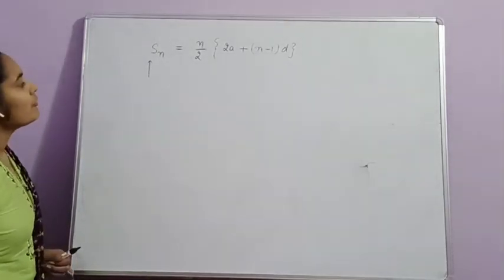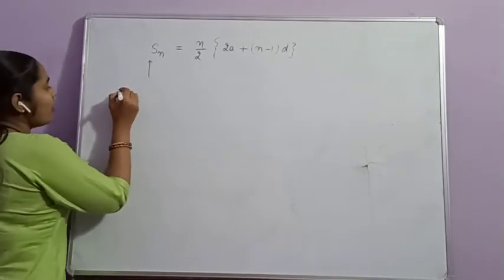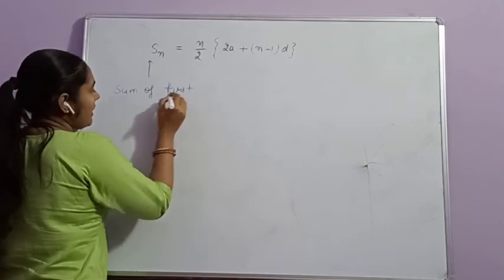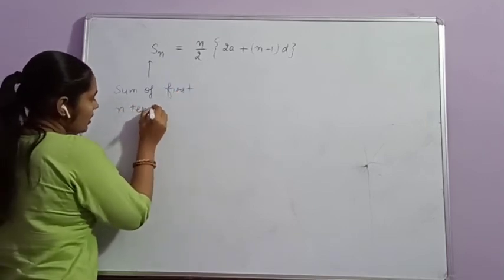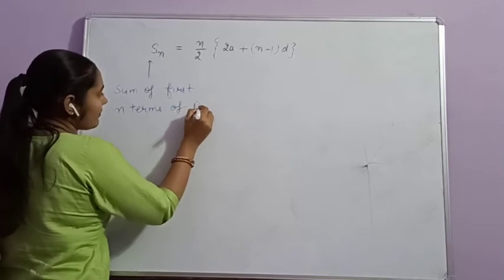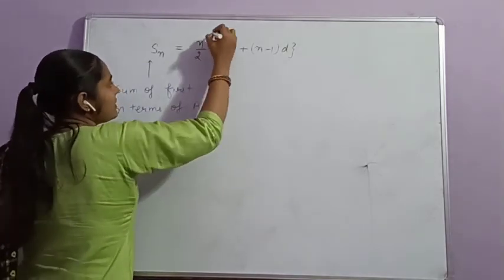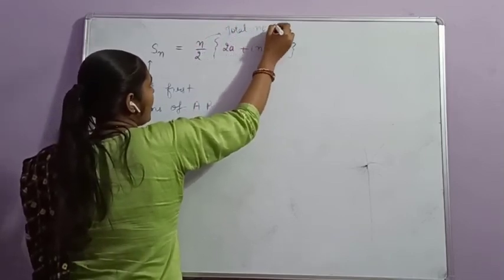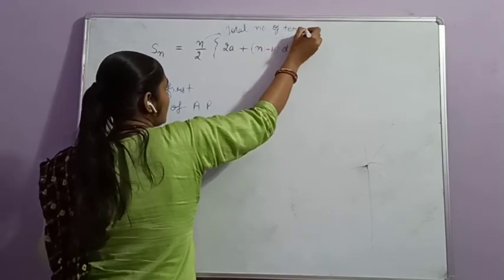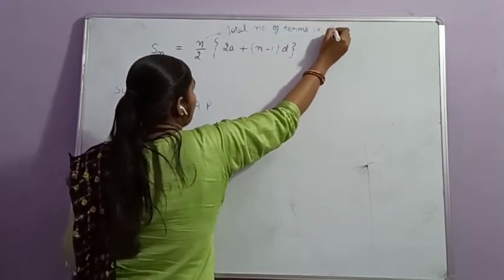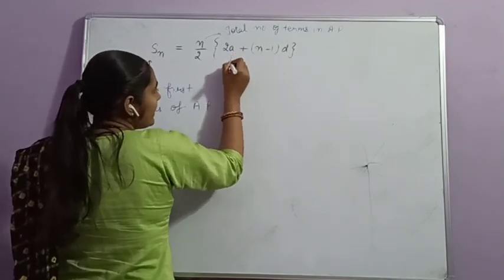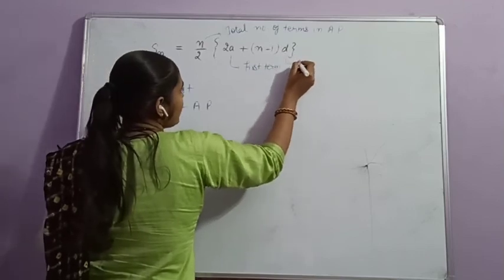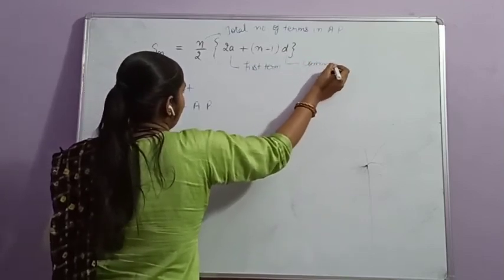Sn is sum of first n terms of AP. N is total number of terms in AP series given to you. Here A is the first term of AP and D is the common difference of AP.